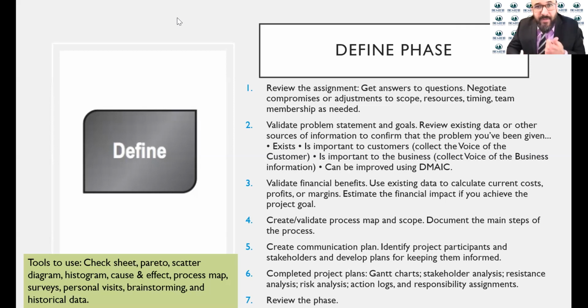So again, in the define phase, you need to define the problem. What is the problem? In addition to that, you have to define the scope of your project, timeline, resources, risk analysis, and other important aspects related to the project.